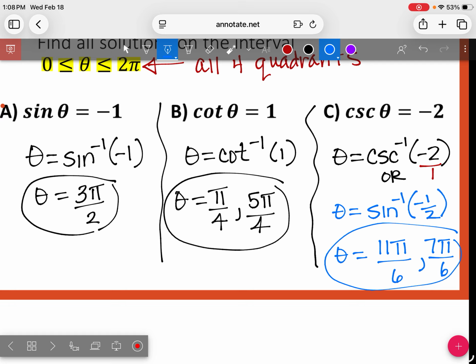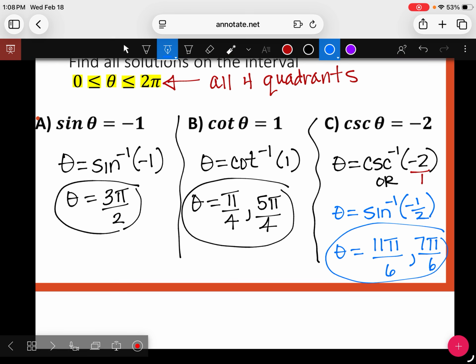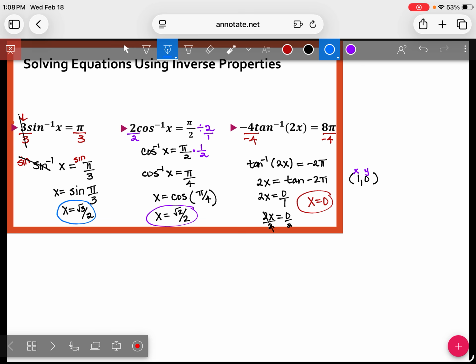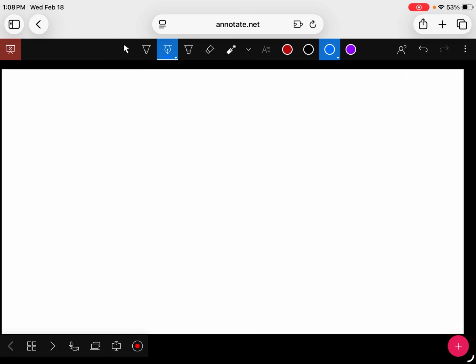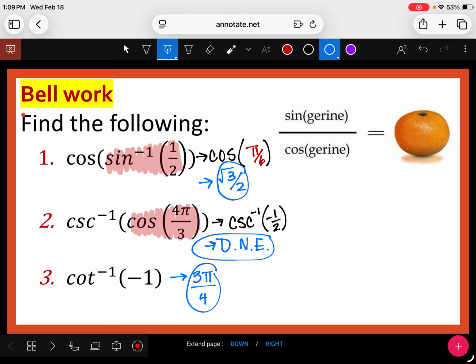When do we make the radians negative again? If it did not say, so going back to the bell work, notice how it didn't tell us where to look. It just says find the following.